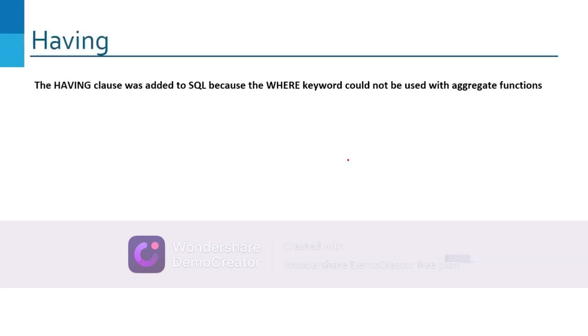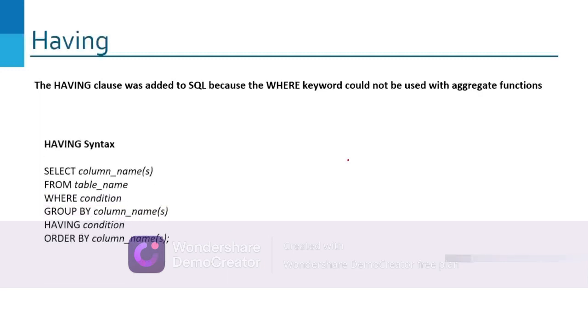Where and having do the same thing, but where cannot be used with aggregate functions, while having can be used with aggregate functions. That is why we have the having clause. So this is the syntax of the whole query: select, from, where, group by, having, and then order by. This is the sequence which you need to understand and follow whenever you're writing a query.